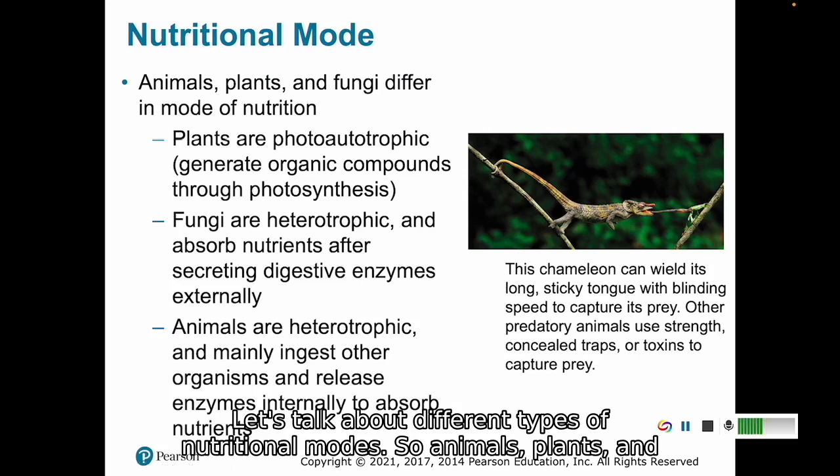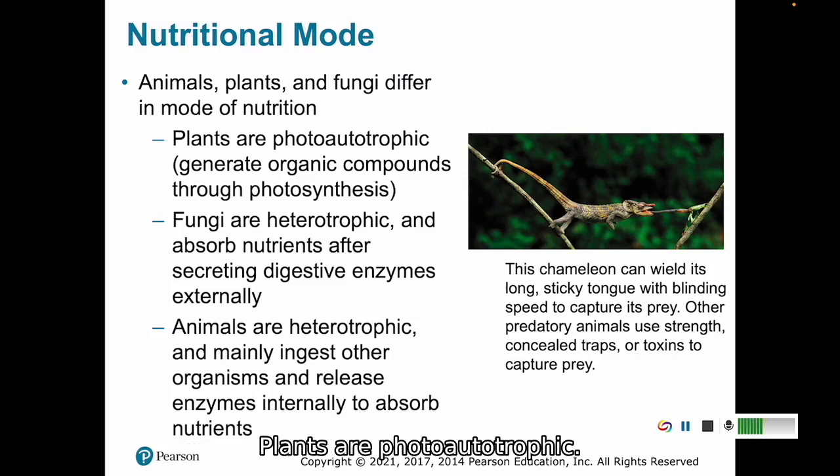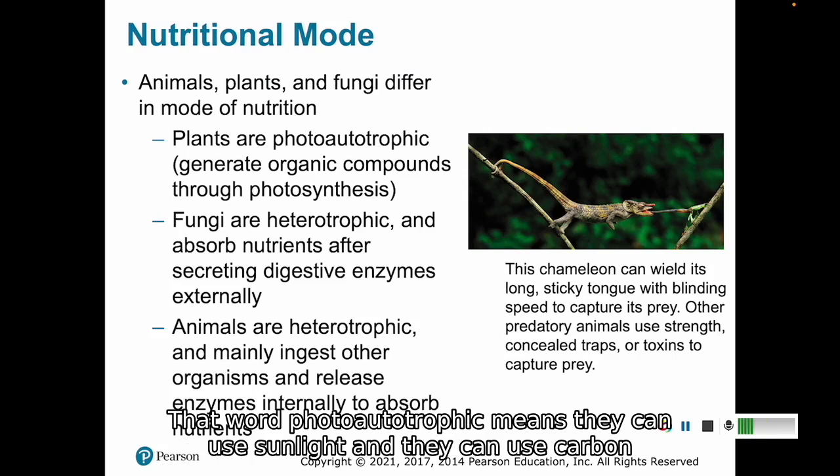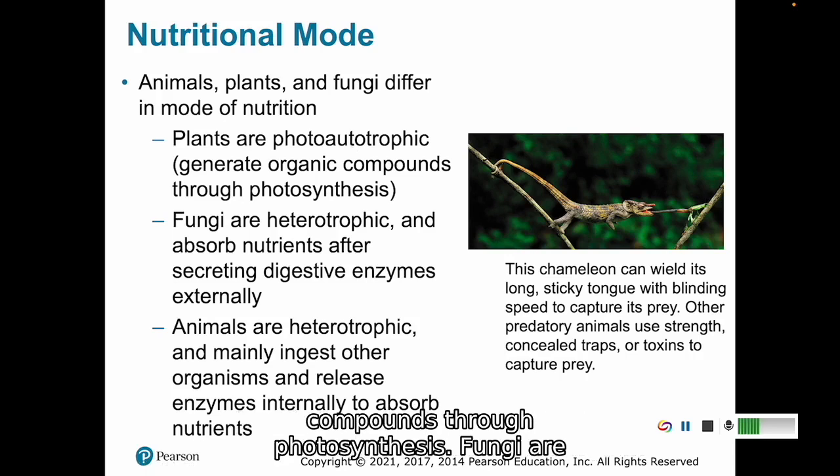Let's talk about different types of nutritional modes. Animals, plants, and fungi all differ in how we get our nutrition. Plants are photoautotrophic. That word photoautotrophic means they can use sunlight and carbon dioxide to make their own energy and sugar. They make their own organic compounds through photosynthesis.